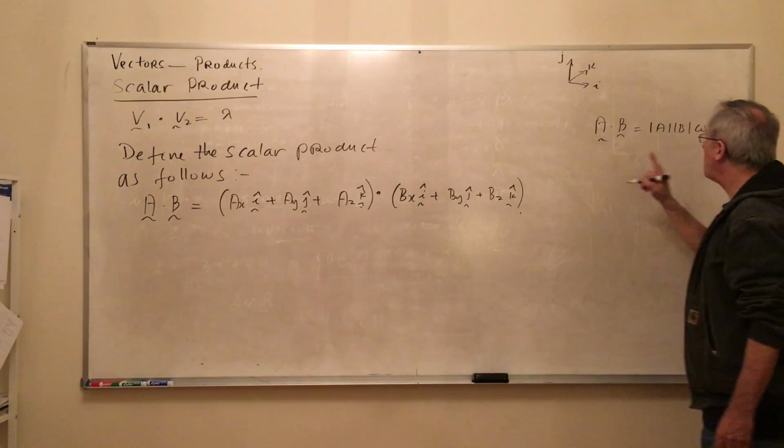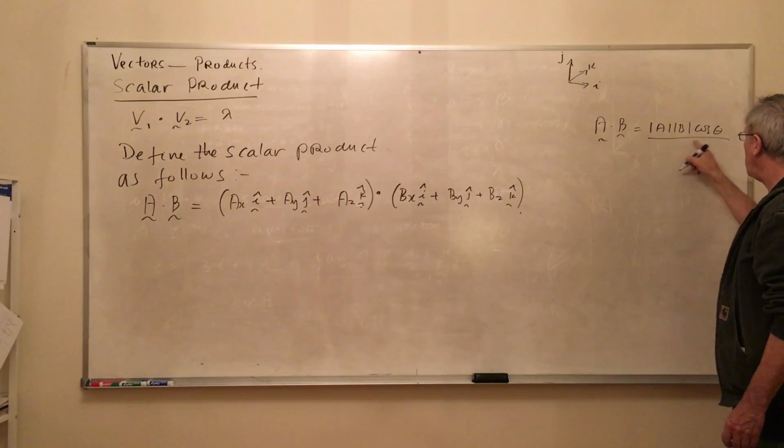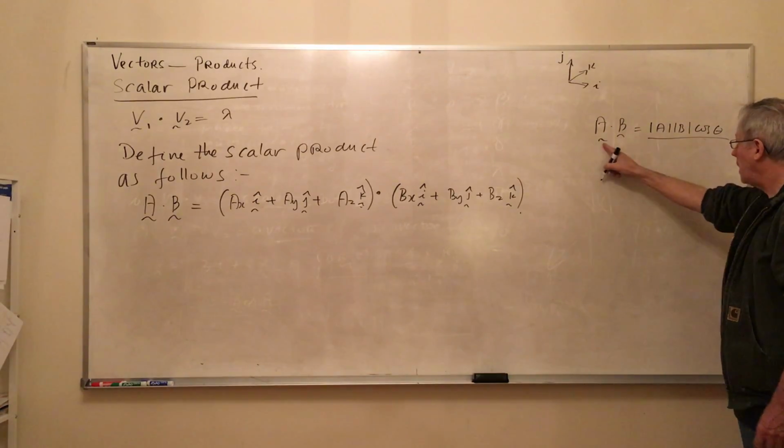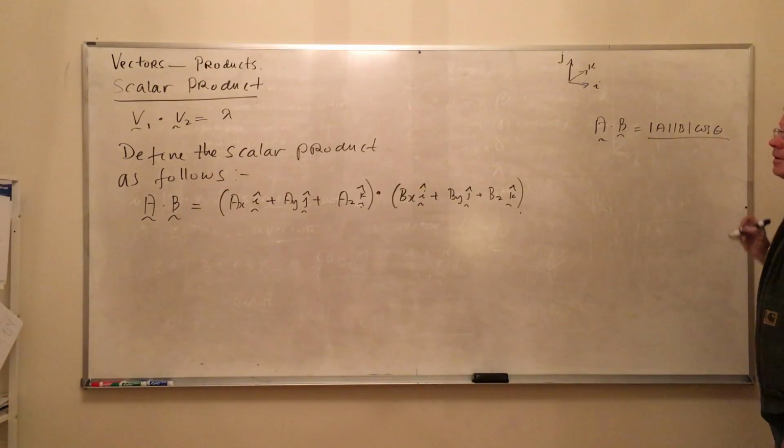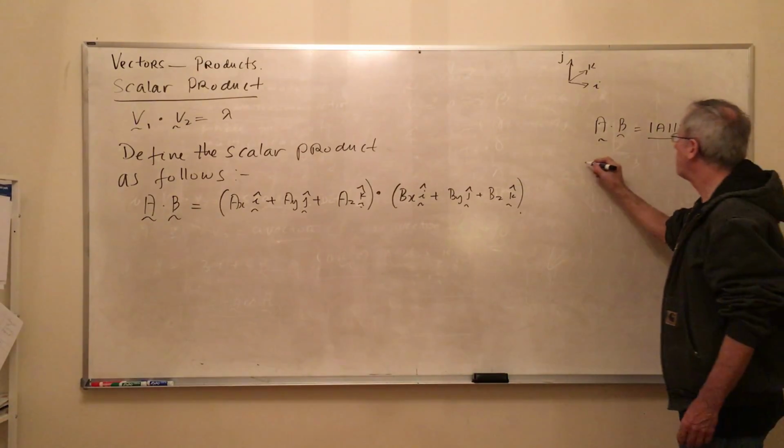We're going to define the product such that A dot B is going to be the magnitude of A times the magnitude of B times the cosine of the angle between them.